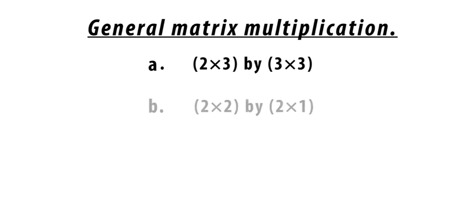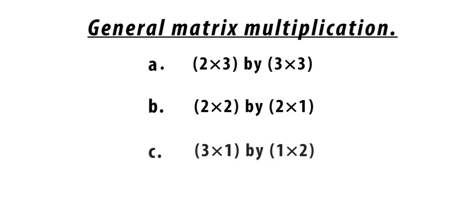For example, we can multiply the following matrices. A, a 2 by 3 matrix can be multiplied by a 3 by 3 matrix. B, a 2 by 2 matrix can be multiplied by a 2 by 1 matrix.